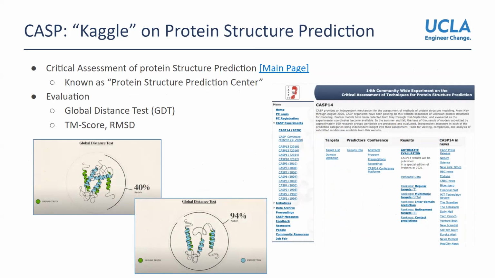Generally, a commonly used evaluation metric is called the global distance test, which is roughly an L2 norm distance of different atom locations, or the backbone location, between the ground truth and your predictions.